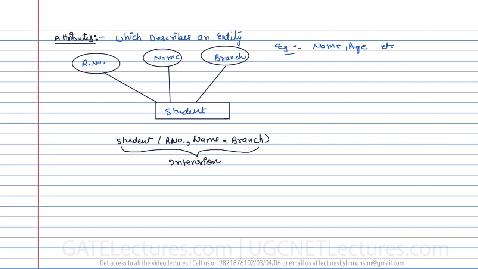But if I give exact values, like roll number 26, name Himanshu, and branch computer science, these are the exact values, and this is called extension. Intension means I am just representing that the entity is student and these are its attributes. If I take a particular instance, that is called extension.